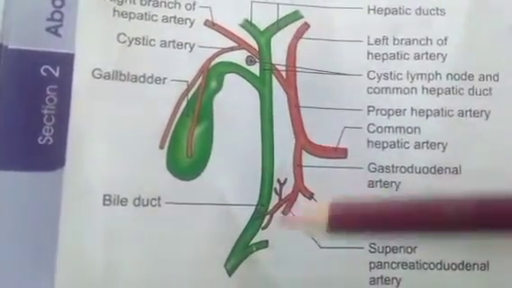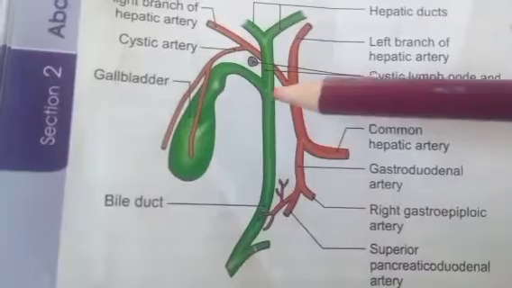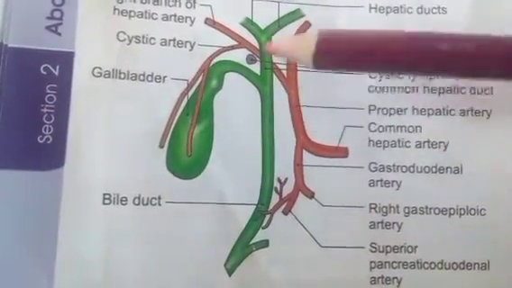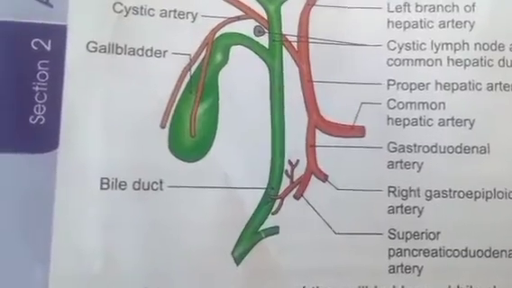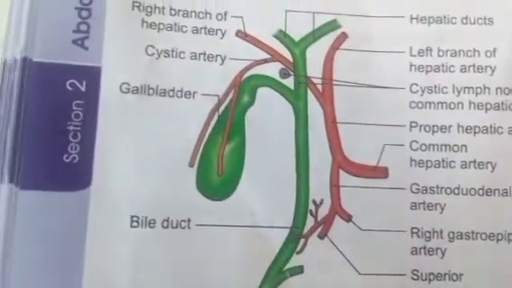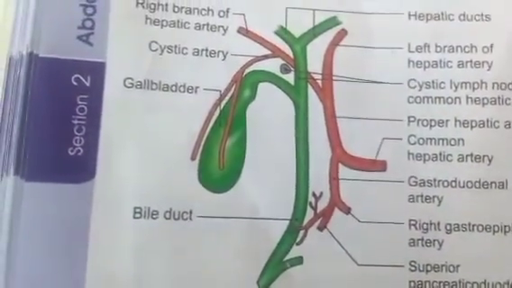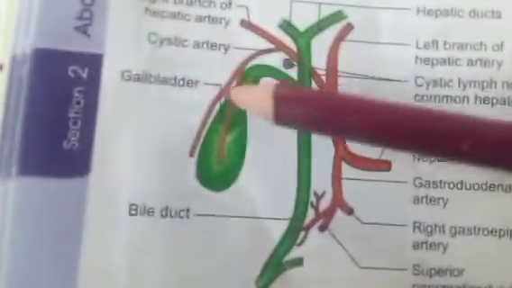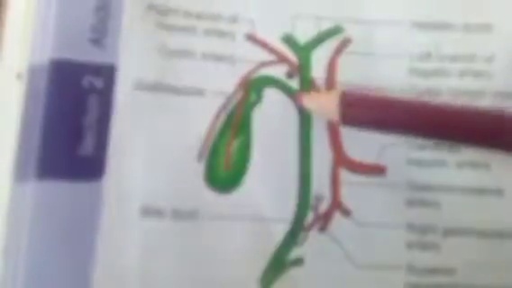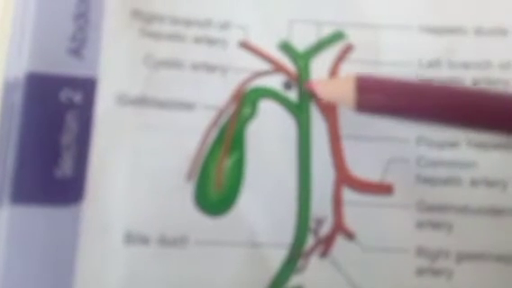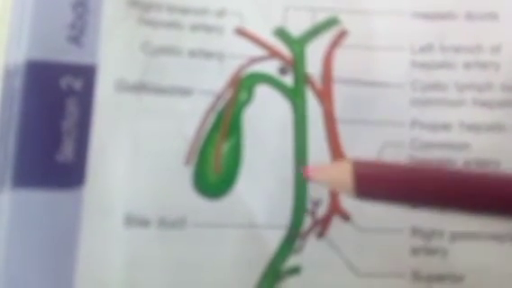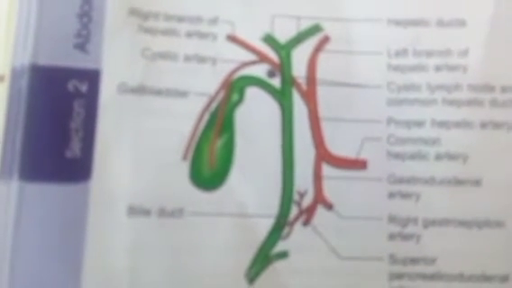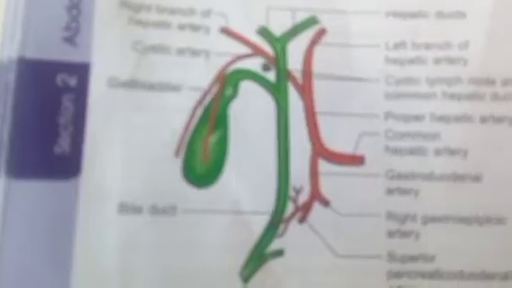The nerve supply to the biliary apparatus is by two plexuses, the cystic plexus and the nerve plexus over superior pancreaticoduodenal artery. The cystic plexus of nerves supplies the gallbladder, cystic duct, common hepatic duct, and the upper part of bile duct, whereas the lower part of the bile duct is supplied by the plexus of nerves over superior pancreaticoduodenal artery.